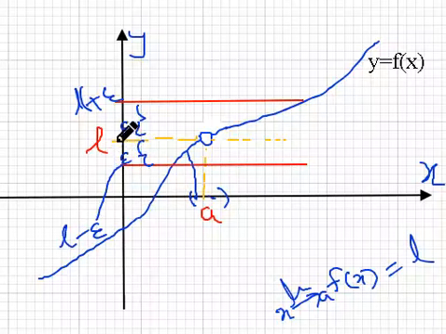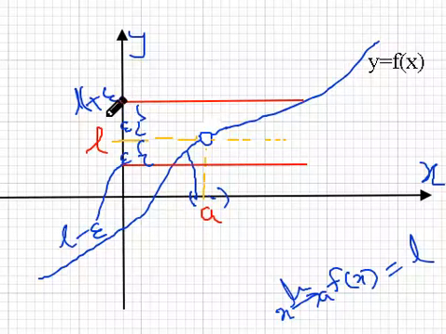Why? This value is L and this length is epsilon. If you take epsilon out of L, you get this point here, L minus epsilon, and this is L plus epsilon.